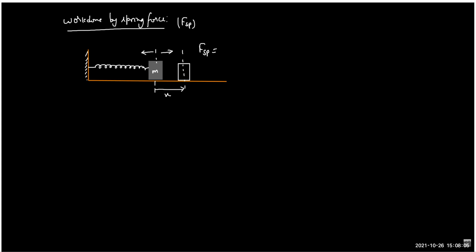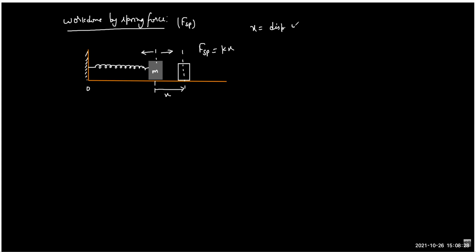So many times you may get confused if I choose origin here and if I show it x. The spring force cannot be x. It is always the displacement from the mean position. And the magnitude of this force is always k times x, where x is the displacement from the mean position. So this is what we need to remember.